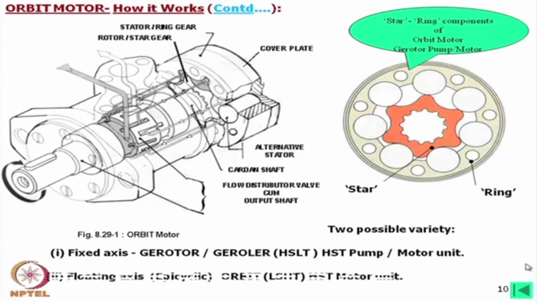So, the second version is the floating axis. Actually, an epicyclic gearing action, epicyclic motion, is there. Why do we call this floating? Because this is not, in the true sense, rigidly connected to any shaft, because its motion is guided by these contacts, which are form closed.